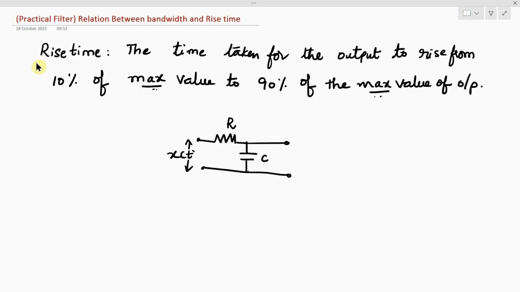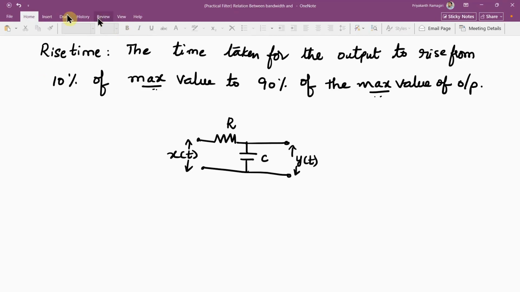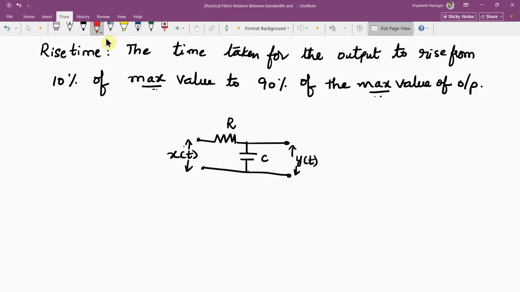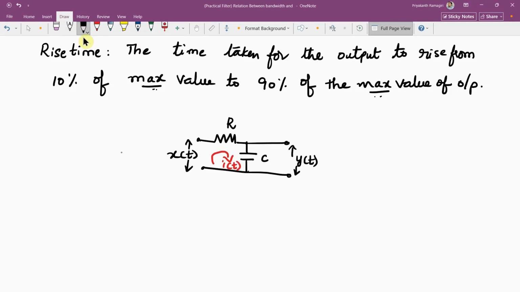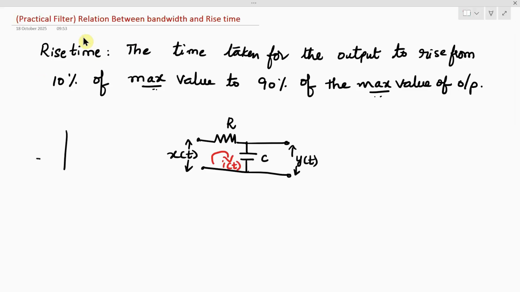where x of t is the input and y of t is the output. Just assume that i of t is the current passing through the circuit. Now, to observe this rise time, we have to give the input as a unit step, which is constant over the entire time duration.